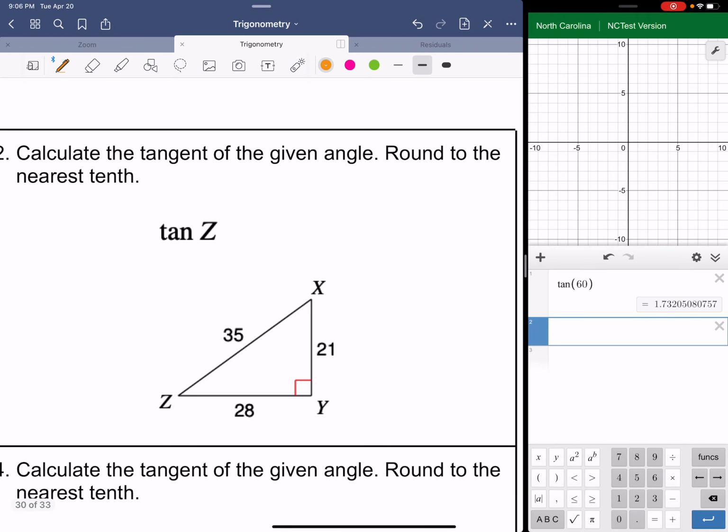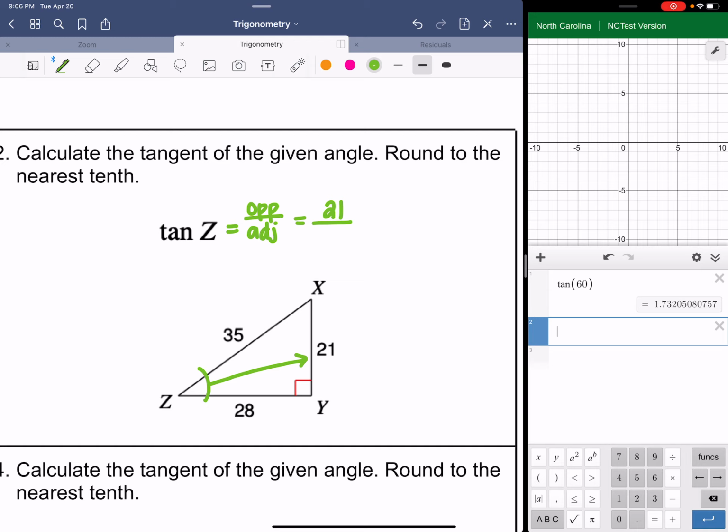Right, now let's look at another triangle and actually calculate the ratio, the tangent of angle Z. So angle Z, I'm going to mark that, and remember we're looking for the opposite over the adjacent. So the opposite side is going to be 21.